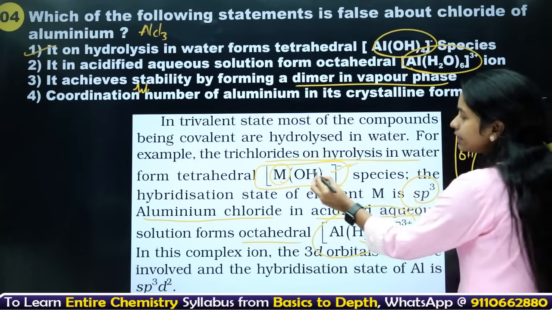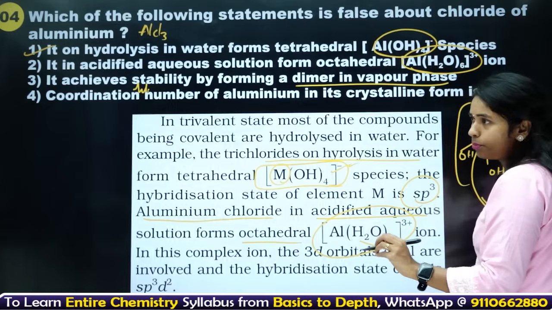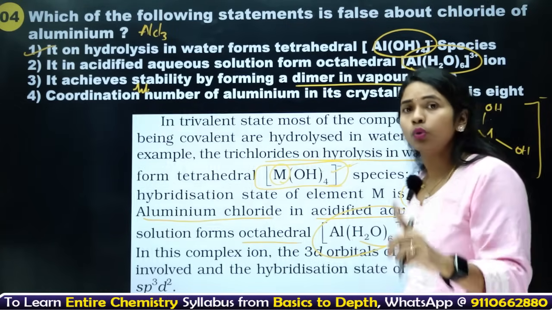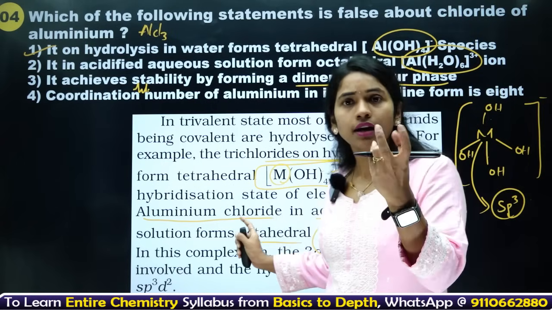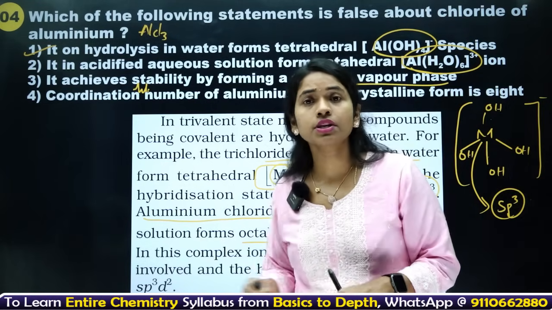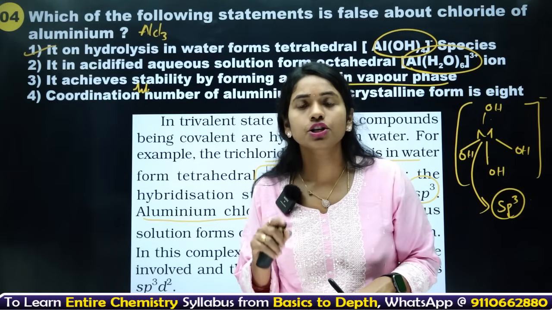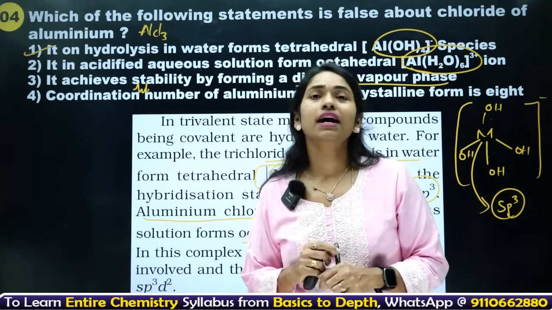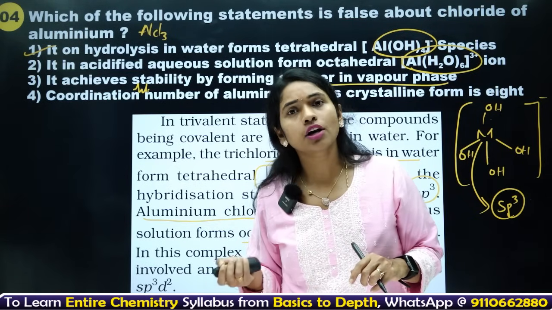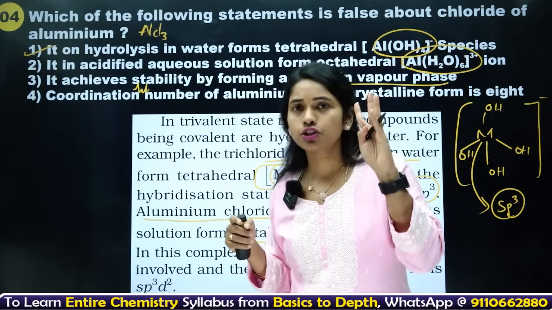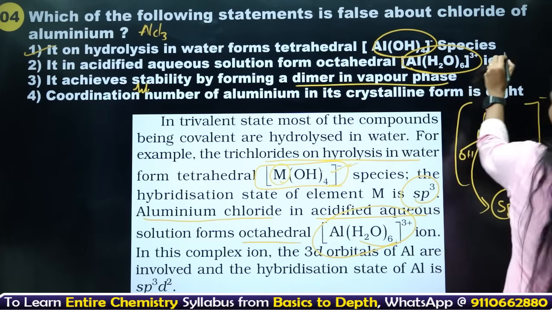Aluminium forms it, but boron cannot form 6 ligands, because boron electronic configuration is 2s2 2p1. It is not having any vacant d. Maximum how many bonds can it form? Just 4 bonds. So this option is also correct.